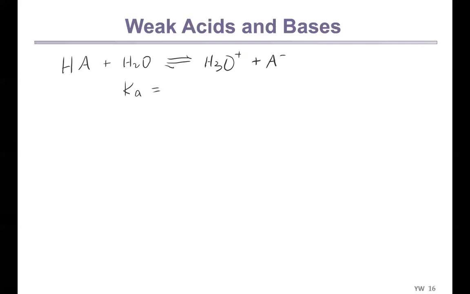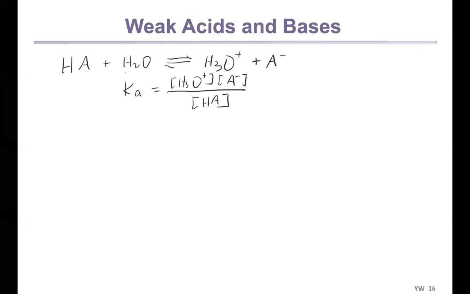And how do you write Ka for this case? Hydronium concentration times the A minus concentration all over the HA. Over the HA, okay. It's good.